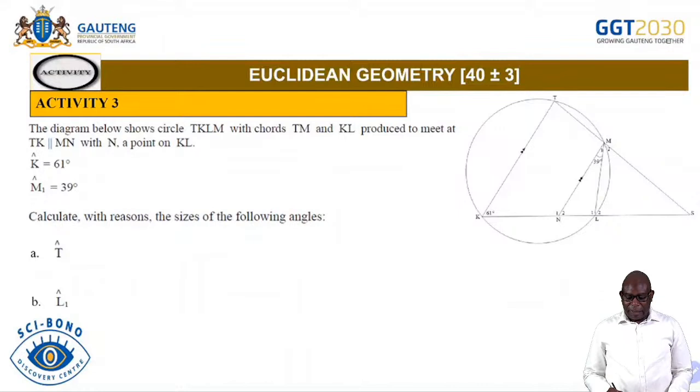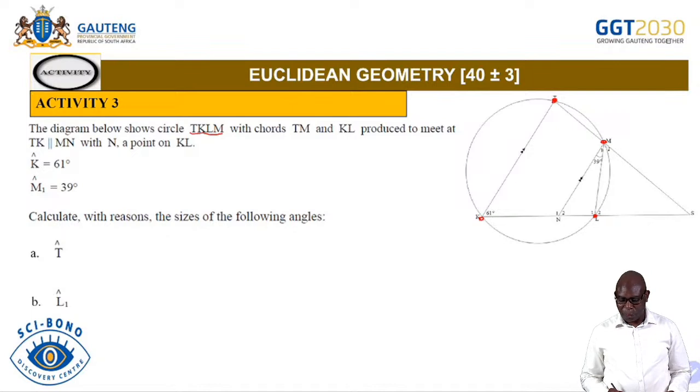The next activity there is, there's a question here. It's also given there that TK is parallel to MN. TKLM is given. Those are the points on the circle. TKLM, which means that that will be a cyclic quad.